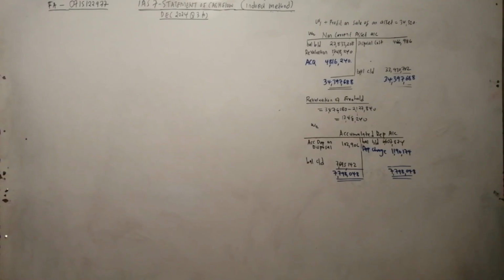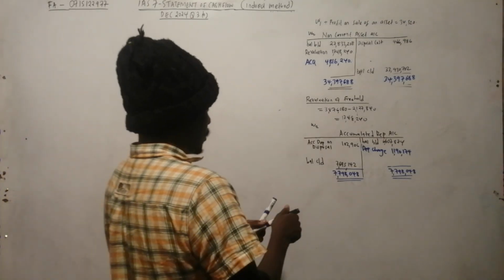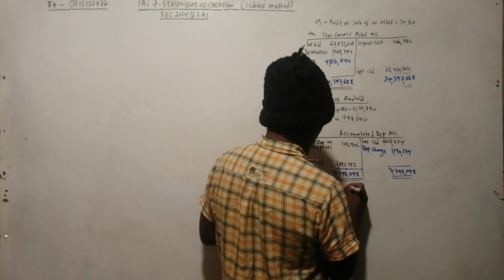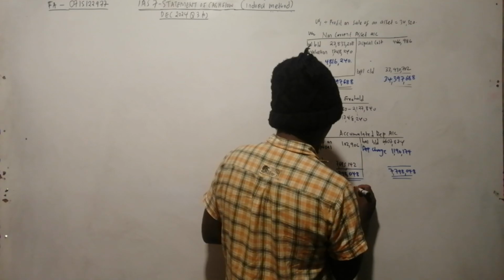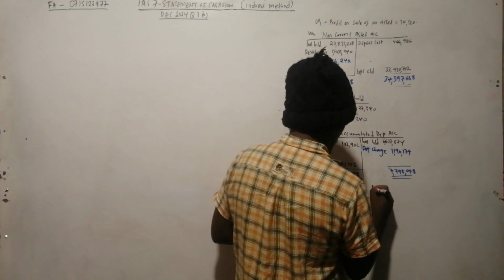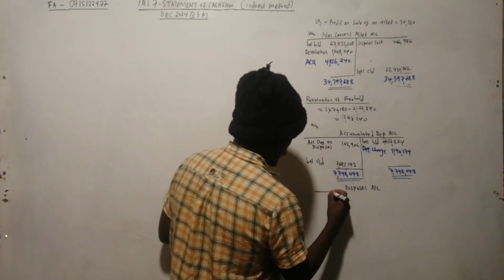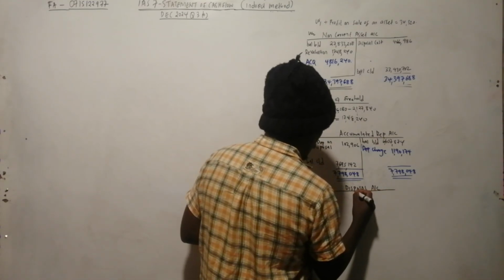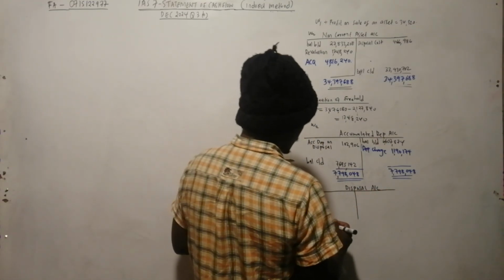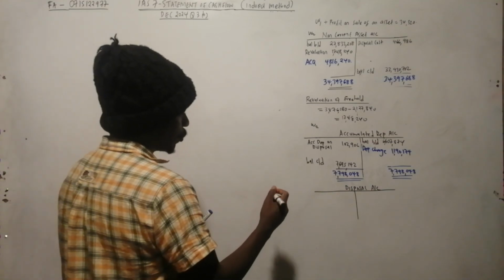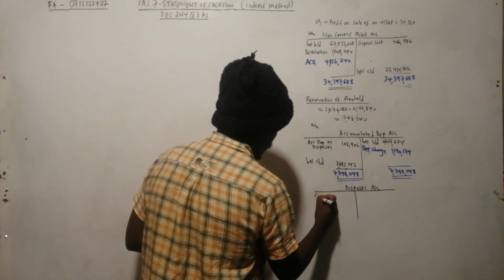Now we also need another item. We need to prepare the disposal account, so that we can determine the sale from sale of an asset. Disposal account. Now the disposal account will start with the cost of the disposal as usual.